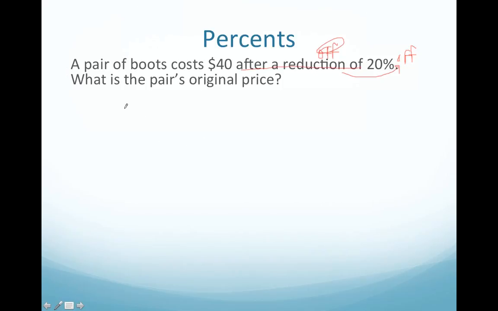One way we can do it is we can take $40, and then we can take 100, and subtract 20% from it, and then that'll give us 80%.